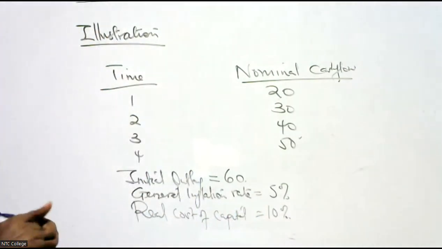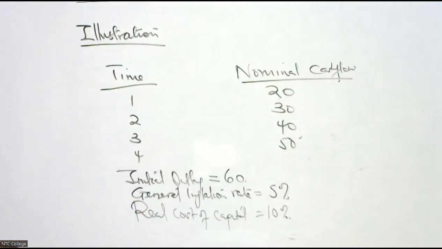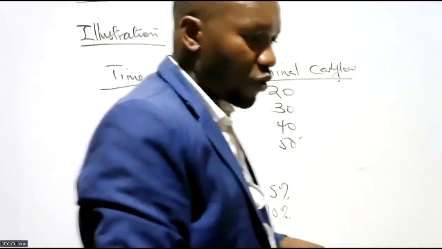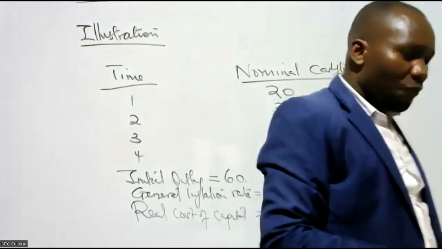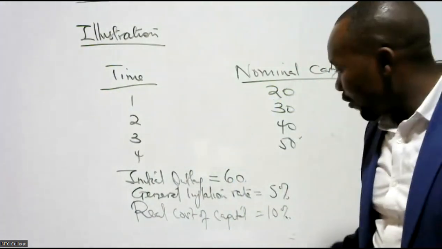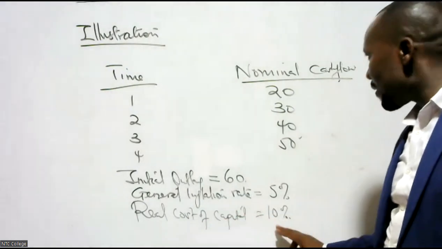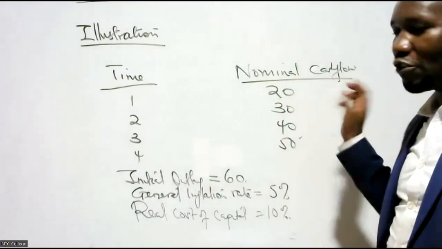Can somebody calculate for me from here the nominal cost of capital? So from here, you can see, according to the information that you're given, we are being told that the real cost of capital is 10%, but the cash flows are nominal. So they are not matching.